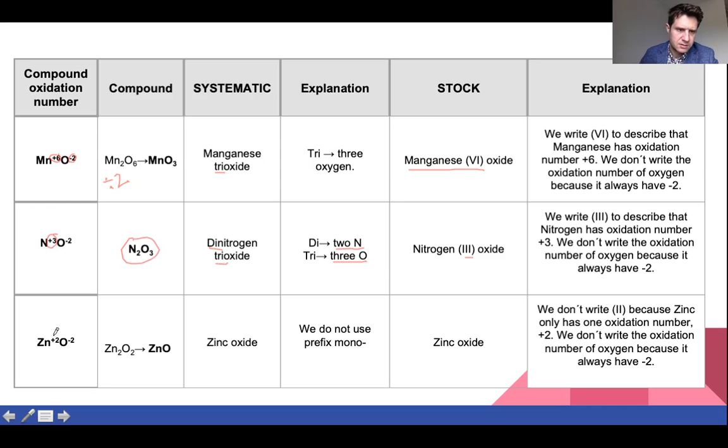Zinc. Zinc has oxidation number 2 and oxygen has oxidation number 2. As you know, we write it down, we shift and then divide by 2. We divide by 2, and then we have this compound simplified: zinc oxide.